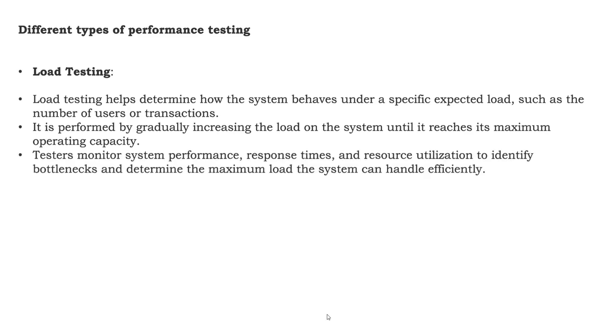Testers monitor the system performance, response times, and resource utilization to identify the bottlenecks and determine the maximum load the system can handle efficiently. Okay, if the system can handle like 1 million users at the same time, which is well and good, right? Is it able to handle 1 million users at the same time? You can verify that as part of load testing.